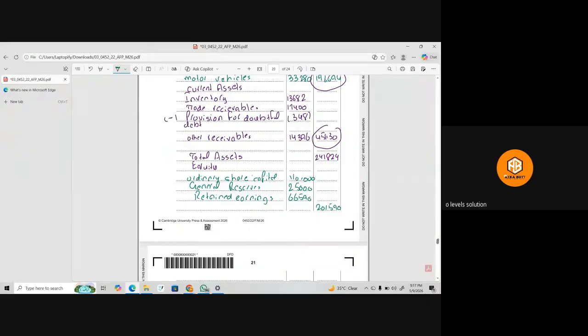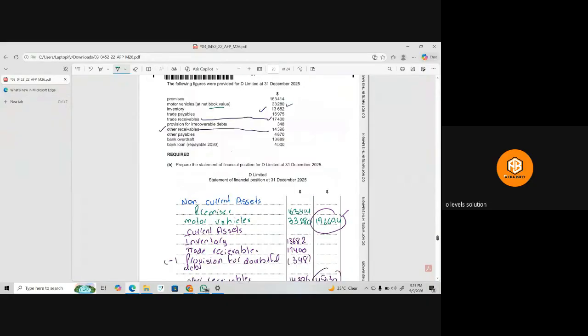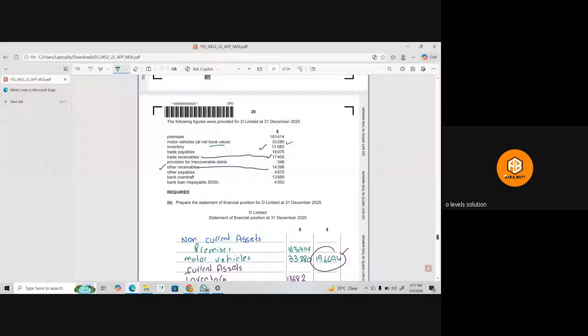Now we need to write the liabilities if there are any. You can see that in the non-current liability we have only the bank loan, because this statement of financial position we are making for 2025, and this loan is repayable in 2030.